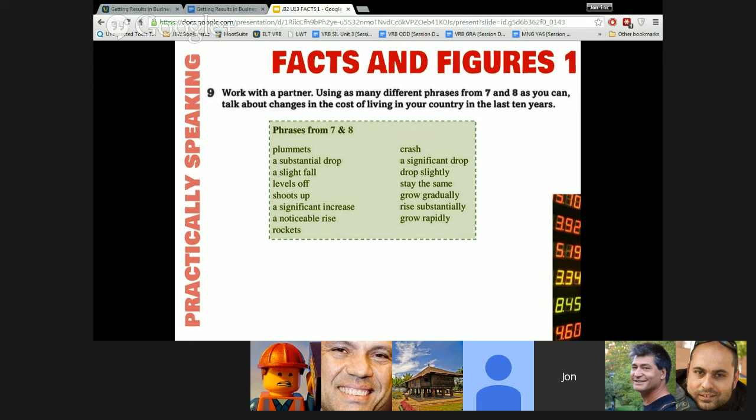Well, in Spain, a few years ago, the price of apartments and houses plummeted in the level of 2006. So it's a significant drop to a 20%, I think.